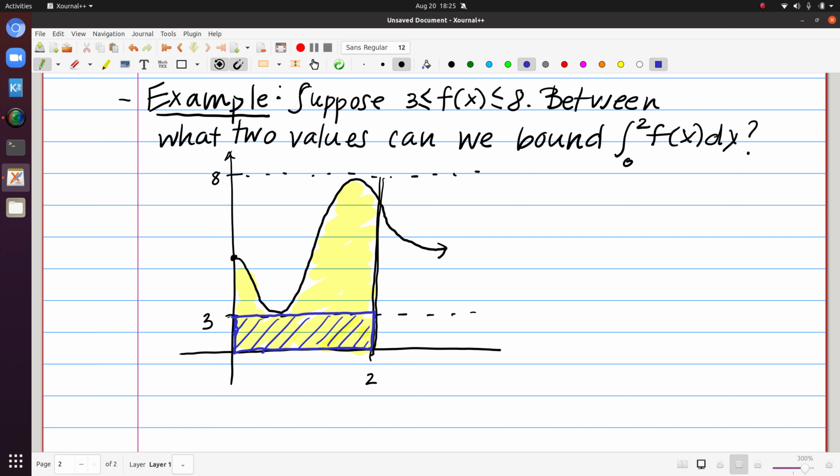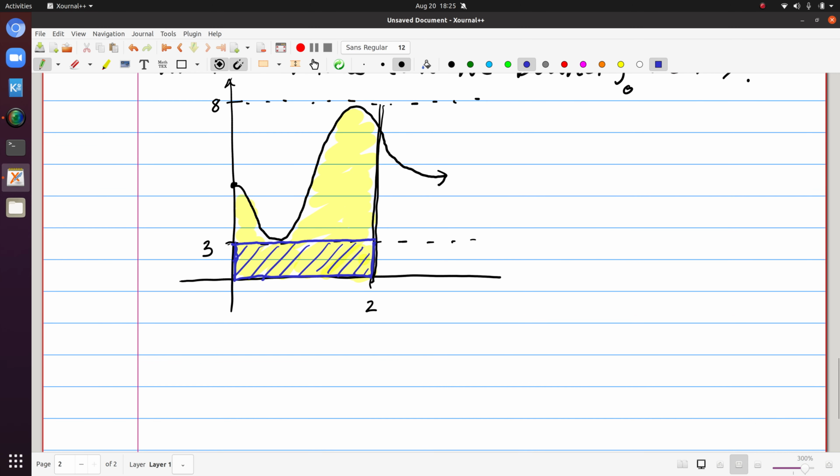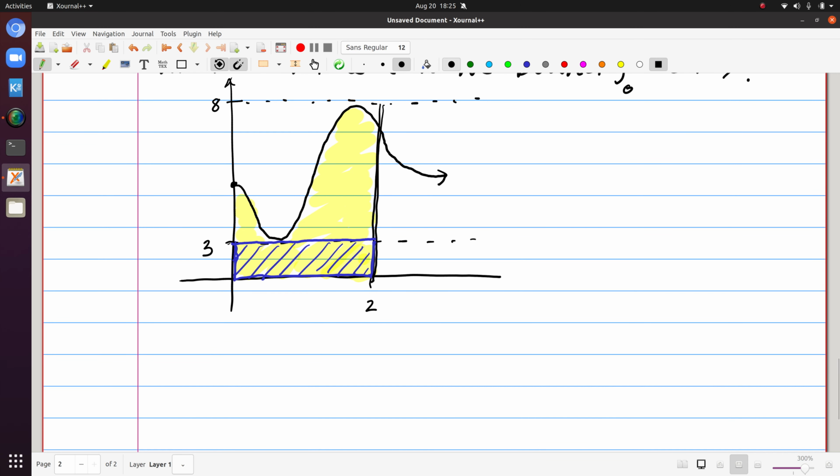So that tells me that in terms of coming up with a lower bound, so we have the integral from 0 to 2 of f of x, I know now from my blue rectangle that the rectangle with width 2 and height 3 must sit inside of that area, so we must have a lower bound of 6.